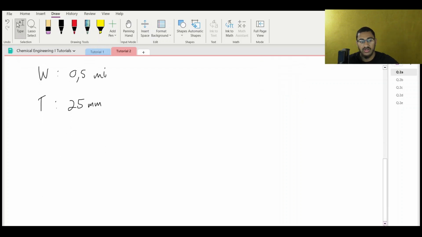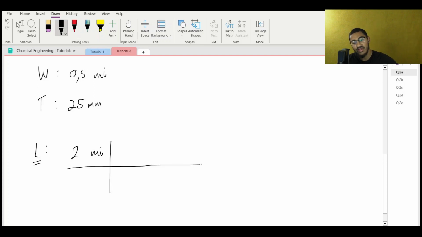So first, I'm going to sort out the length. The length is 2 miles. Again, miles doesn't mean that much to me, so I'm going to convert it to a unit that I understand. So I've got 2 miles, all right? And again, you are a ninja at the ladder conversion after our first tutorial, so this shouldn't be too difficult. Now, I've got miles at the top, so I'm going to write miles at the bottom, and at the top, I'm going to write meters.